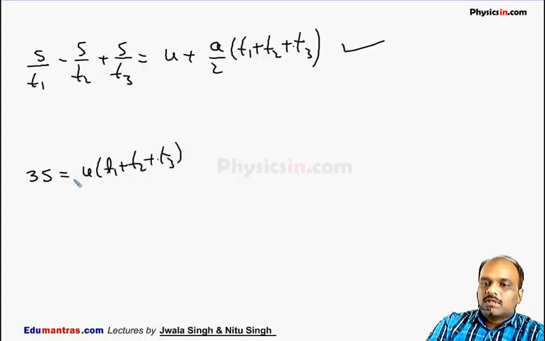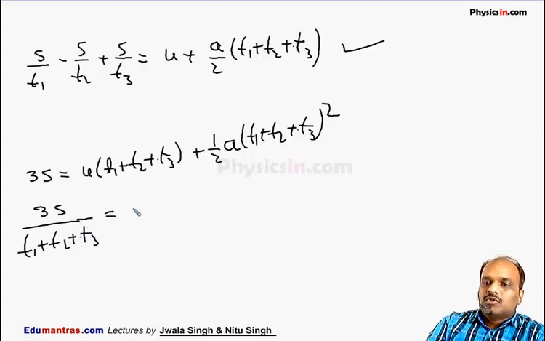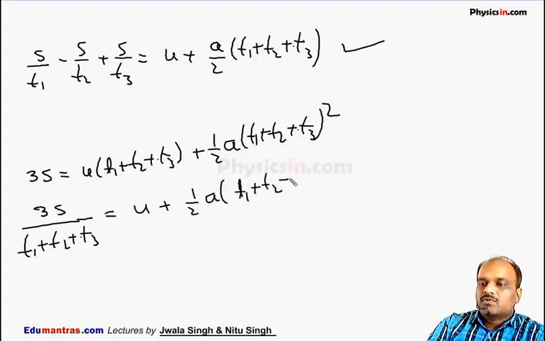For the total distance, s is equal to ut plus half a t square, so 3s is equal to u into (t1 plus t2 plus t3) plus half a into (t1 plus t2 plus t3) square. I can write this expression as 3s by (t1 plus t2 plus t3) is equal to u plus half a into (t1 plus t2 plus t3).